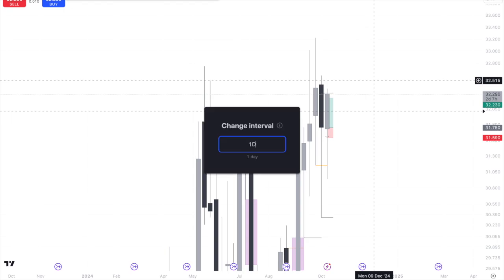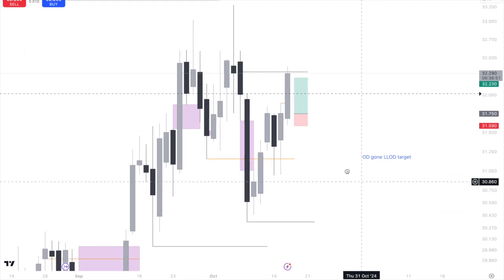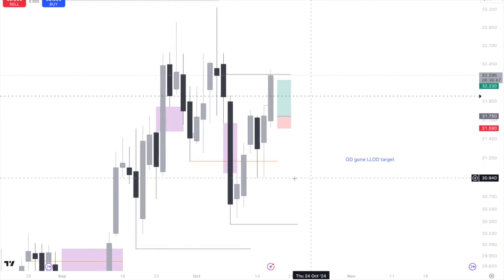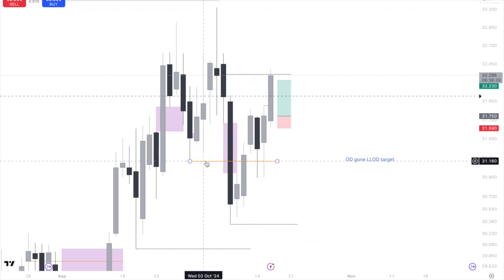Hop onto the daily. Daily, it's pretty simple. Yep. Overlapping defense. You had this CISI downwards with this overlapping breaker block. I think that's what it is. I don't really use the terms breaker block, order block, and mitigation block anymore.